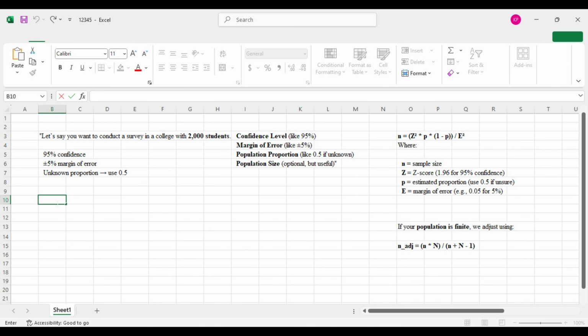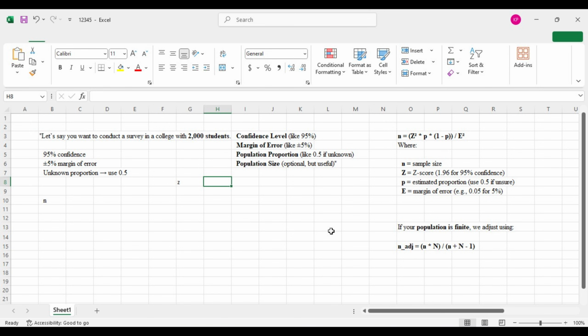n is equal to z squared p into 1 minus p divided by e squared, where z is equal to, as 95% confidence, z is equal to 1.96. Now p, proportion. We don't know this condition's proportion, so we use 0.5.